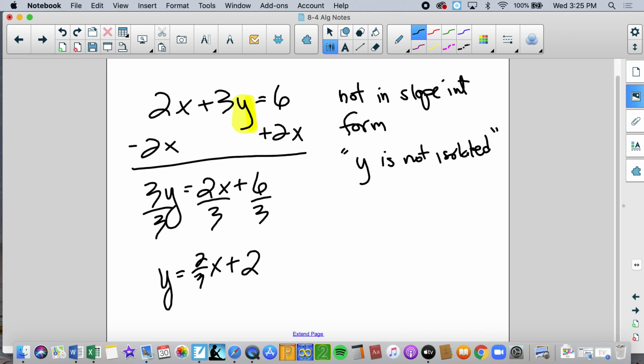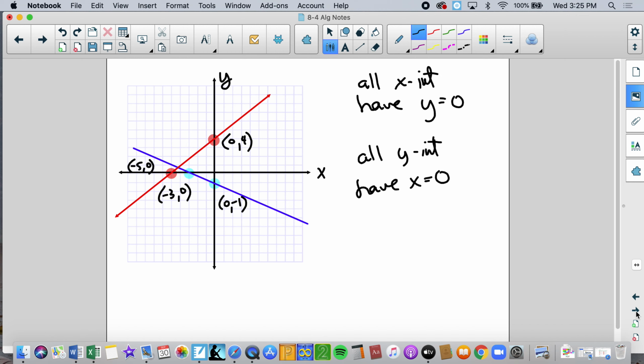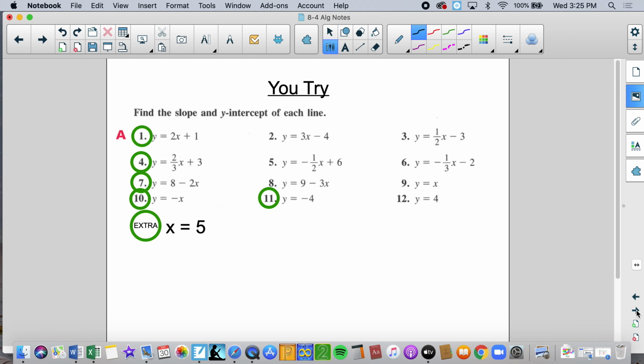Now y is isolated, so now we know that it's in slope-intercept form, so the slope is going to be the coefficient of x, which is -2/3, and the y-intercept is going to be whatever is being added or subtracted to the variable. All right, here are a couple problems for you to try: 1, 4, 7, 10, 11, and an extra. Pause the video, and when you're ready, let's go over these problems.